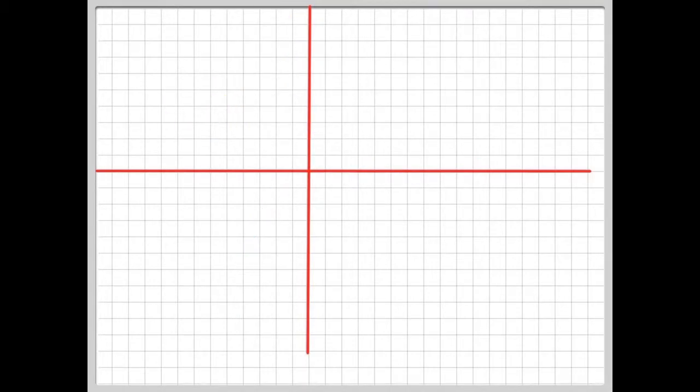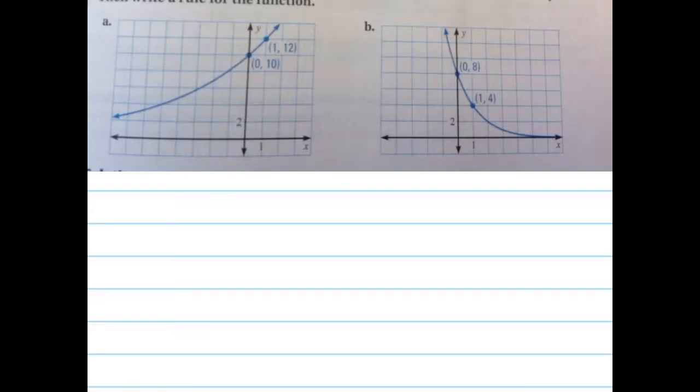Now, suppose we're given a couple of graphs and we want to write equations and classify them as growth or decay. So let's take a look at a couple of graphs that we're given. We want to classify them as growth or decay based on the graph, and then we want to find an equation. Classifying as growth or decay is simple.